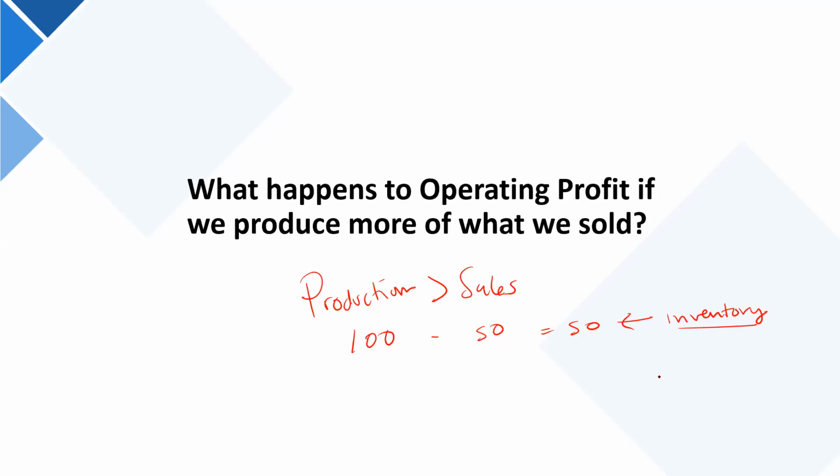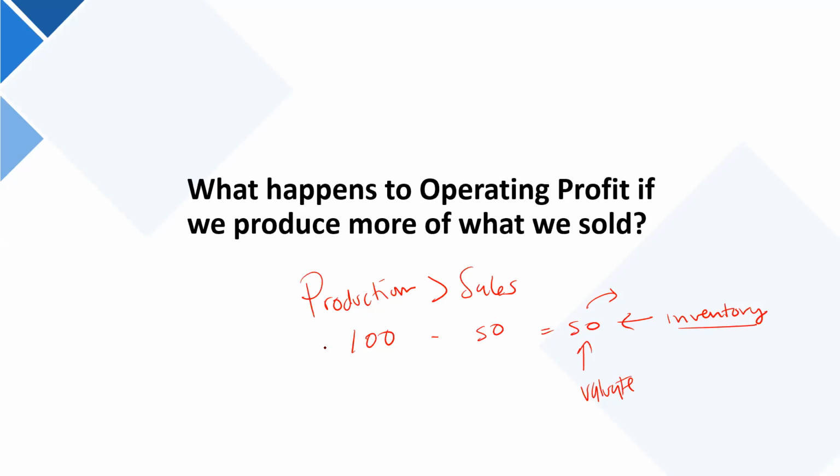It could be remaining inventory for the next quarter, the next month, the next year, the next period. So if I have a production bigger than the sales, the extra production goes to the storage. And if it goes to the storage, it means that I have an inventory and I need to evaluate this inventory.